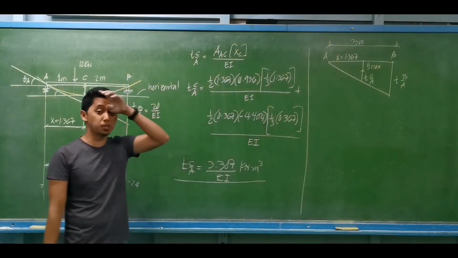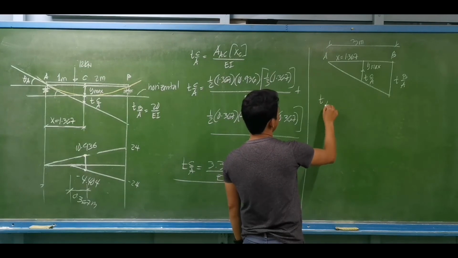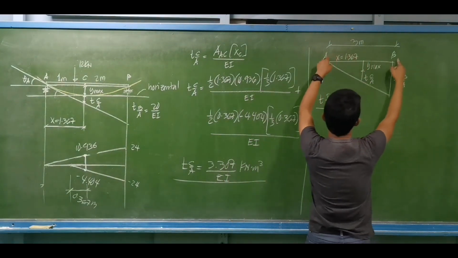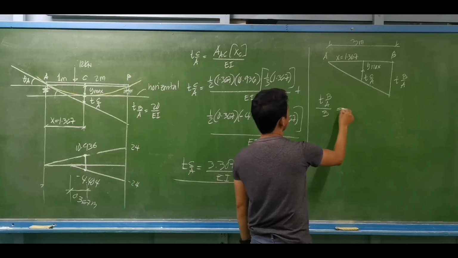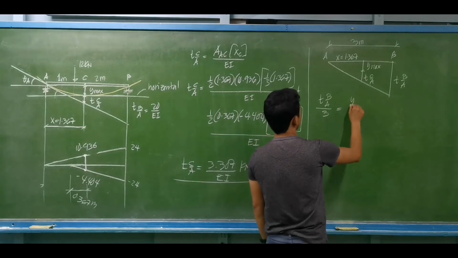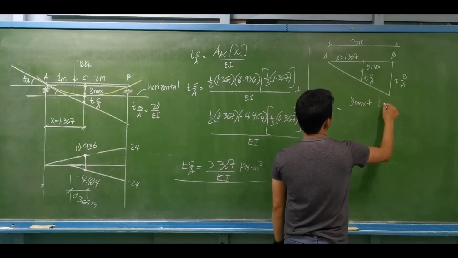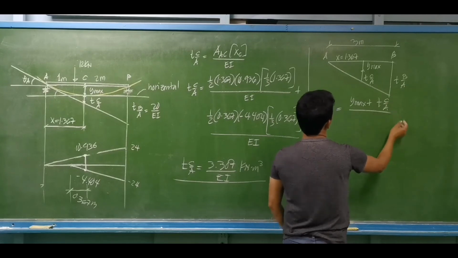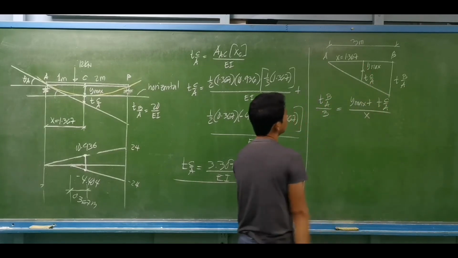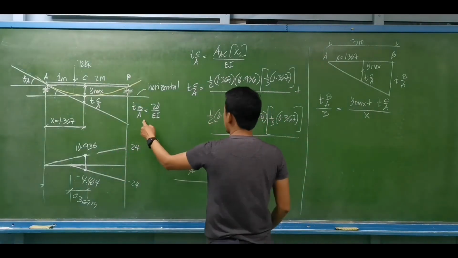So ratio and proportion of similar triangles. That is, we have the deviation from A to B is to 3 meters equal to, how about this distance? That is the same as the maximum deflection plus the deviation from A to C, divided by the value of x, which is 1.367. Then we substitute. What is the deviation from A to B?